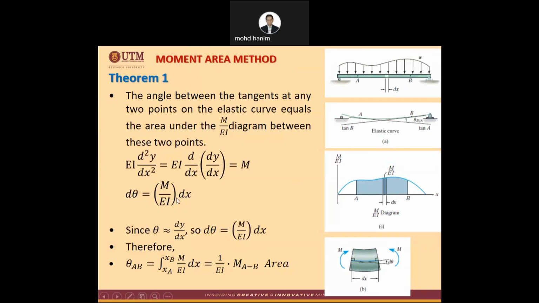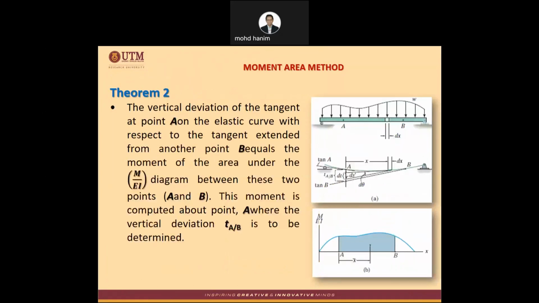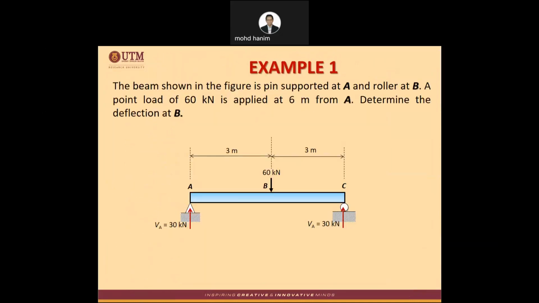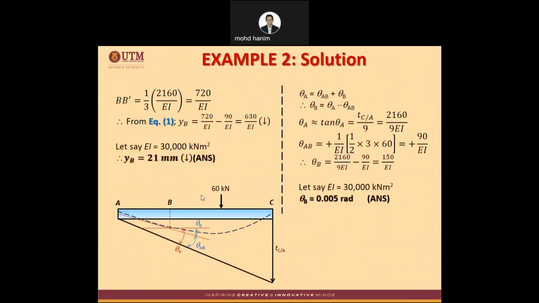Theorem number 2 is about the deflection. Theorem number 1 is about the slope. So now we use this equation here: the slope equal to the area under the moment diagram.